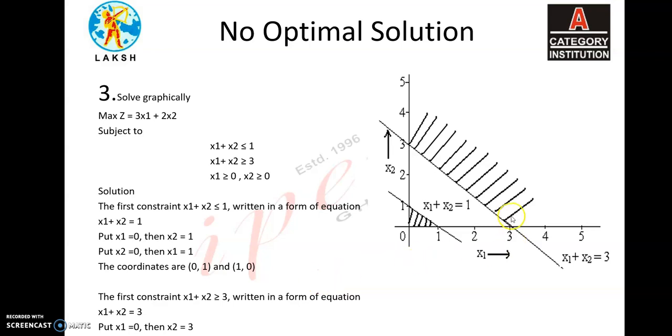Second coordinates are 3 and 3. Now, in the first inequality constraint the sign is less than equal to, that is below the line. And in the second the sign is greater than equal to, that is above the line. So you can easily check that there is no feasible region. So we will write here that there is no optimal solution.